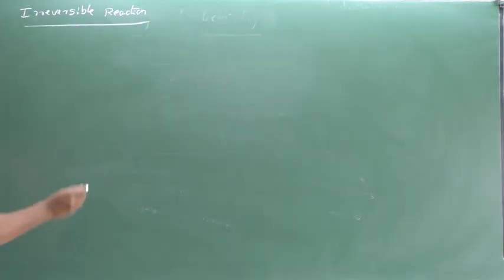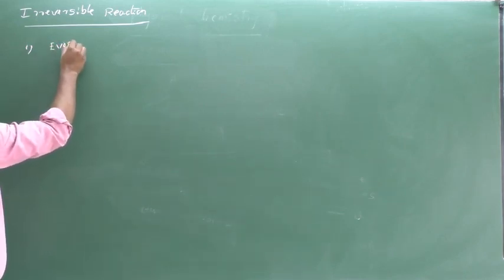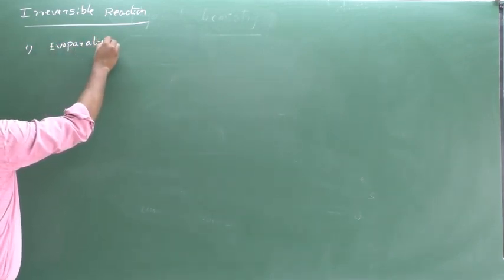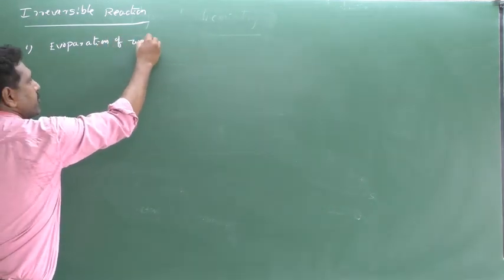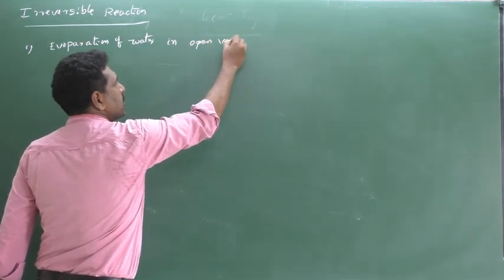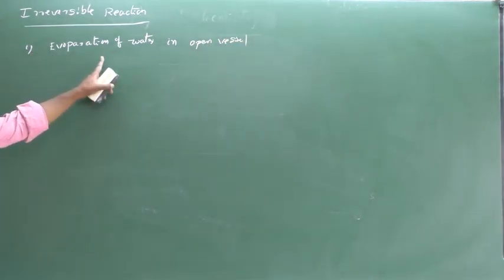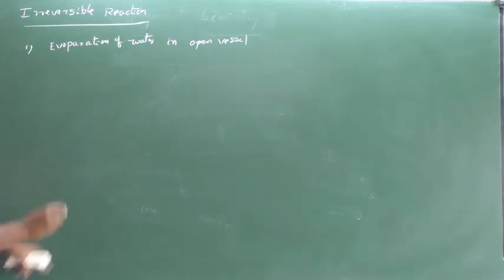Irreversible reactions example. First, evaporation of water in an open vessel. This is an example of an irreversible reaction that takes place in a single direction only.